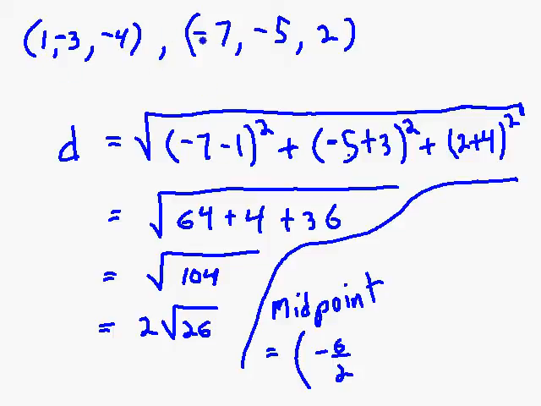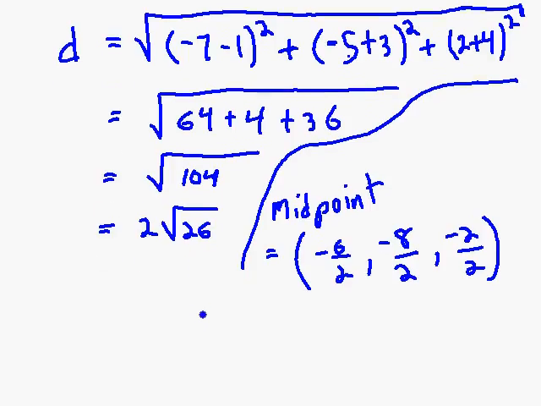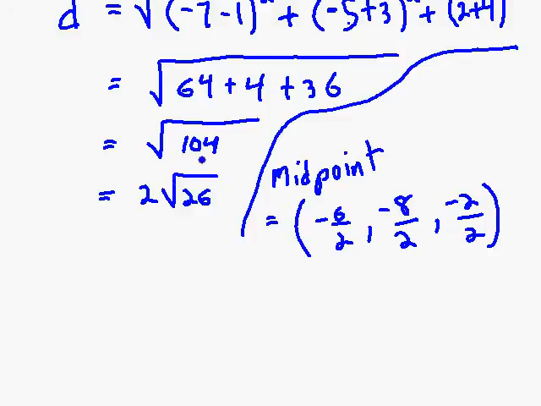If we add the 1 plus -7 and divide by 2, we'll have -8 over 2 for the second coordinate of the midpoint, and we'll have -2 over 2 for the third component. So that gives us a midpoint of -3, -4, -1.